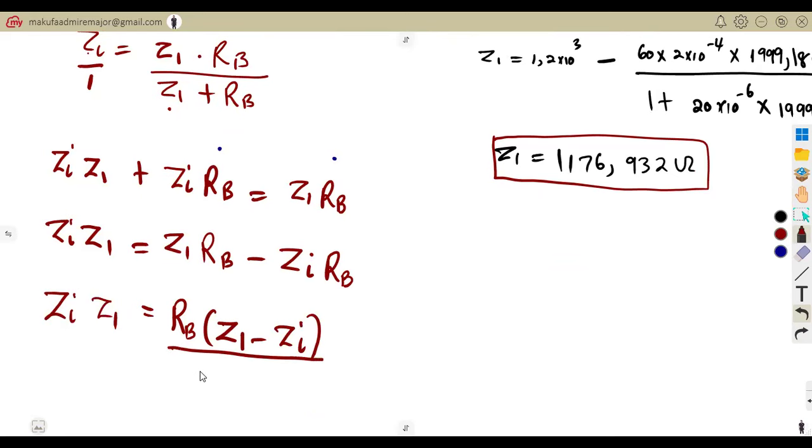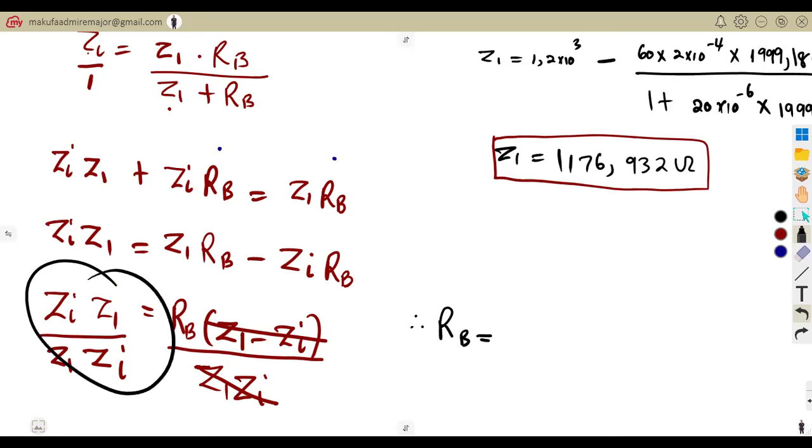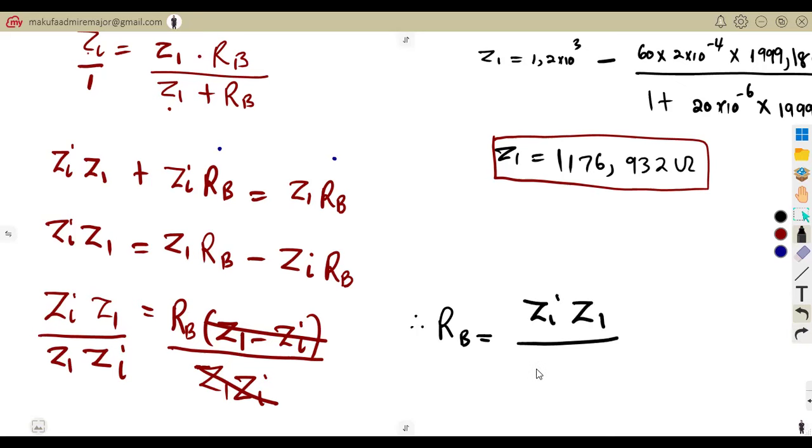Divide by the bracket, because you need RB. So we're going to have our RB calculated from this formula: Zi times Z1 over Z1 minus Zi.